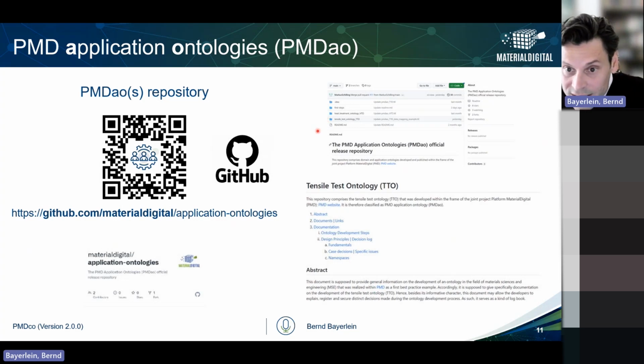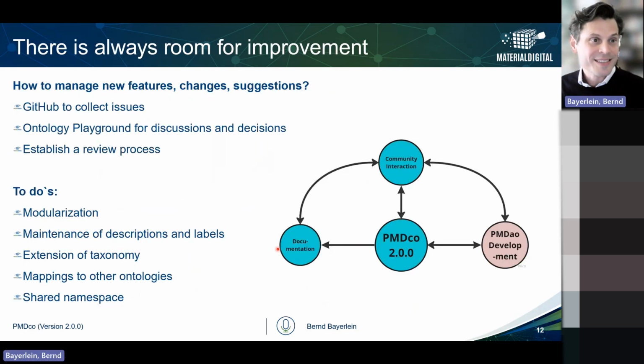And it would be nice at some point if we would collect all application ontologies that are built on the PMDco in this repository, and also to make them reusable. It would be great to have a documentation, which Markus Schilling already provided here for the tensile test ontology as main developer.